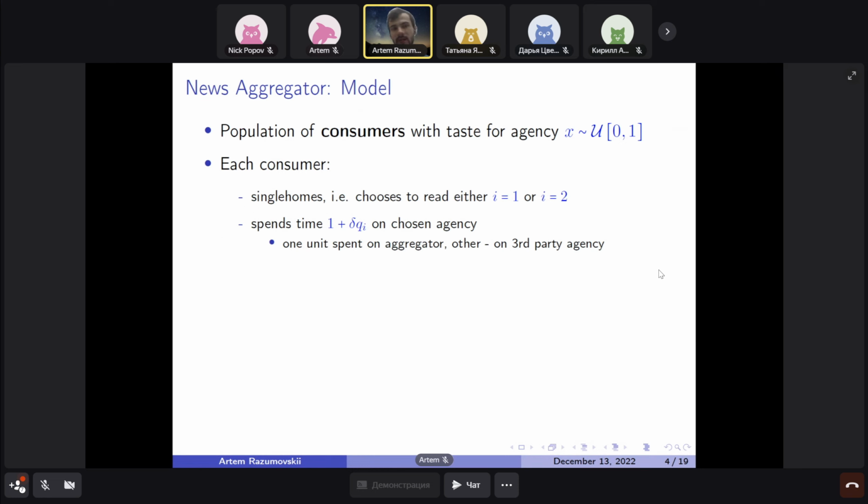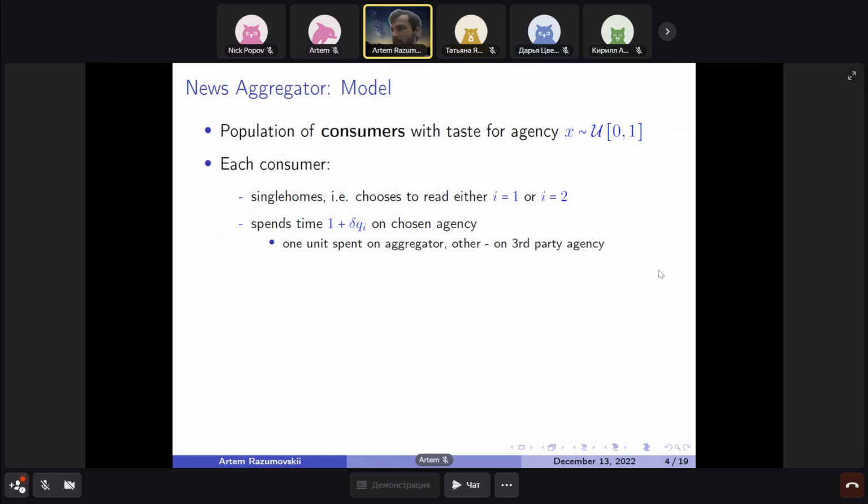Your time on the article depends on the quality, but you will spend this time reading it at the news agency, right? So 1 plus delta Q is the time you spend on the chosen agency. That means 1 is the aggregator, and then delta Q depends on the quality of the agency.